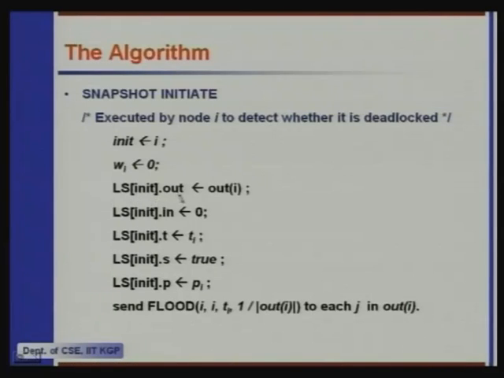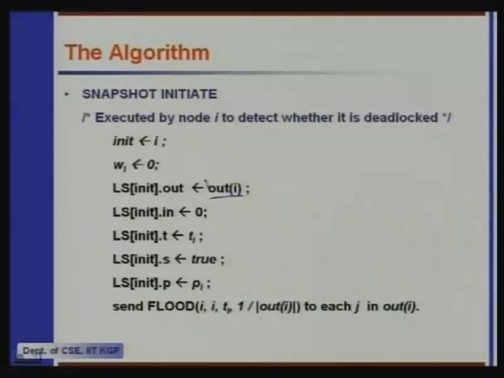Now what you do is set out i to be equal to out i. Where does it get this from? You remember the data structures used in the resource access protocol. At that time when you want to access a resource, you send out request messages, and then you create the out i set, that is the data structure out i at process pi, from which we copy this set into this out.